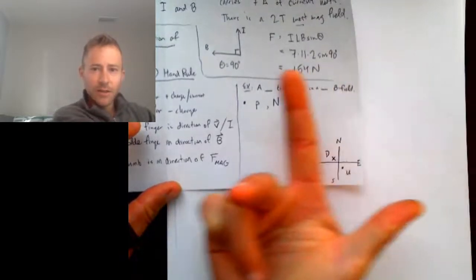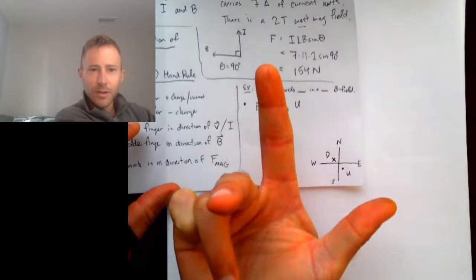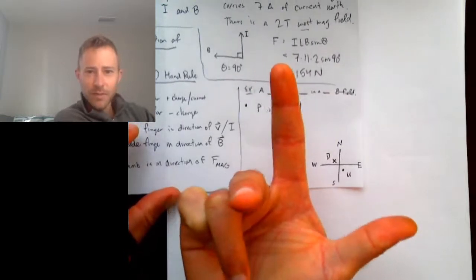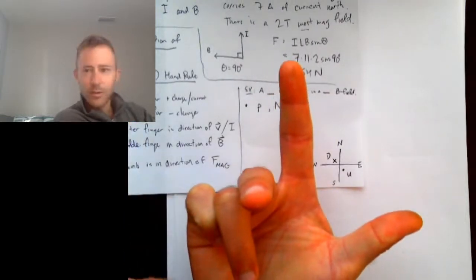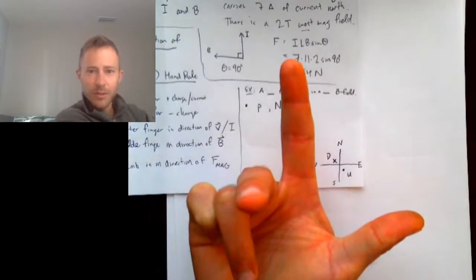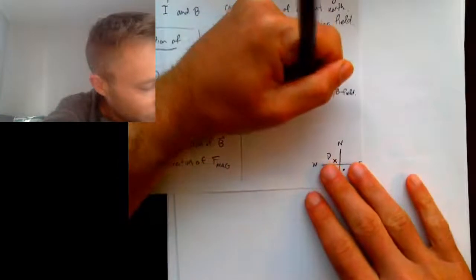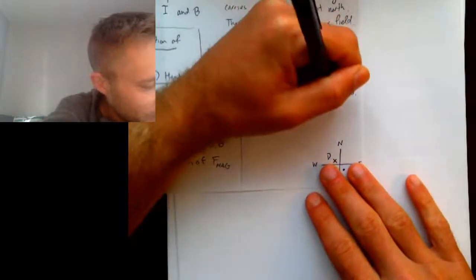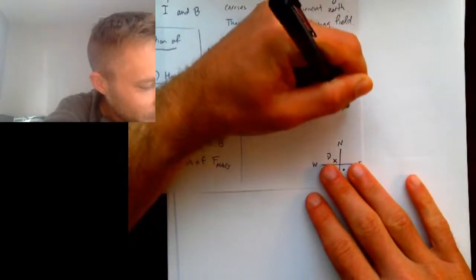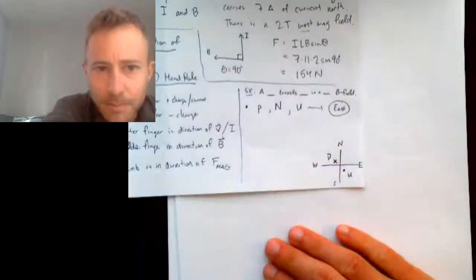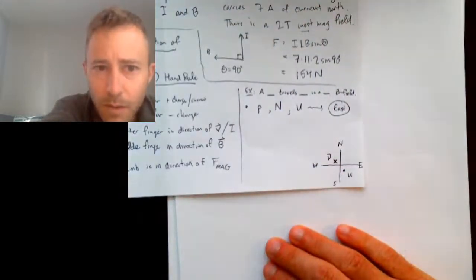And then I can see my thumb is going off to the side, which is the eastward direction. So that means that the force would point in the eastward direction, okay?